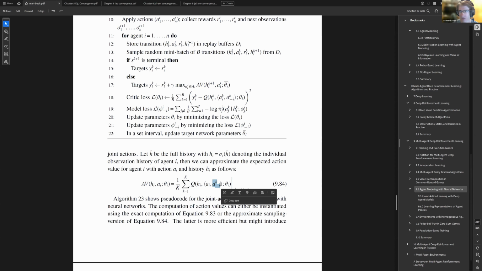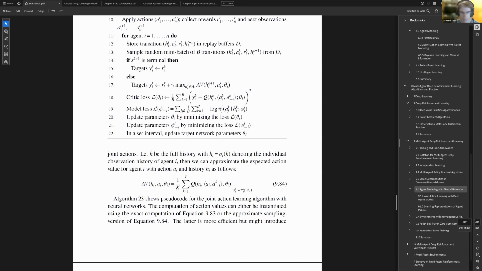Again, to avoid this blow up of the space, we're actually using the actions of the other agents as input to this function, rather than forcing this function to output, whatever it would be, hundreds of values at a time. It only has to output the values for a single agent.